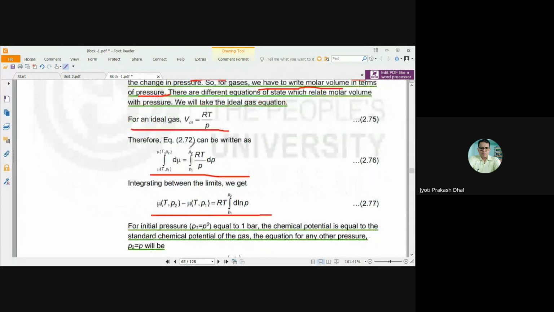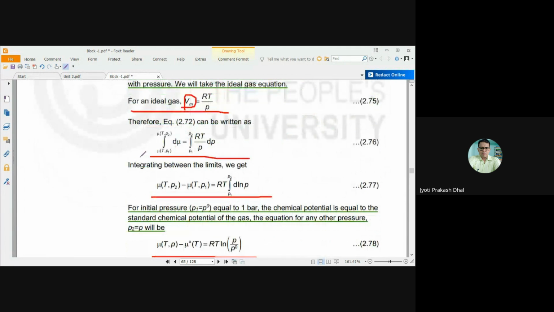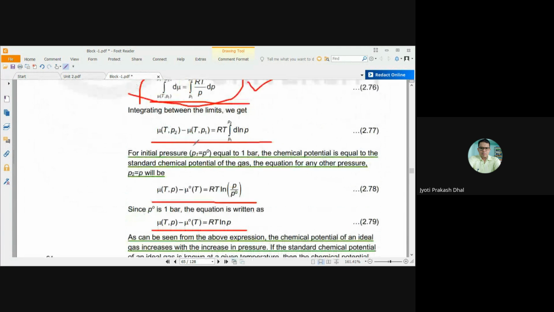If you consider the ideal gas equation PV = nRT, for one mole of gas, PV = RT, so V_m = RT/P. Now putting the value of V_m as RT/P in the above equation, the integral becomes like this, and integrating between the proper limits, the value will become μ(T,P2) - μ(T,P1) at constant temperature.